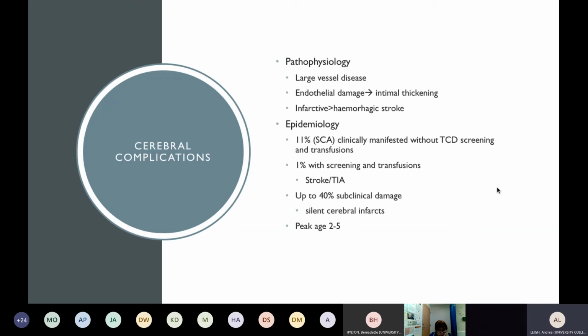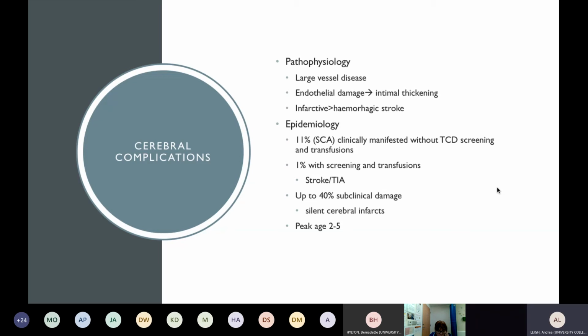Or you can have non-imaging, where you have the Doppler probe. You're not seeing what you're doing, but you're seeing the blood flow across the blood vessel. Now, what we do is we measure the blood flow and the maximum velocity. And if you've got increased velocity and turbulence, it suggests that there's a narrowing before that. And then the blood flow is all turbulent and increased. And the higher the blood flow, essentially the worse.